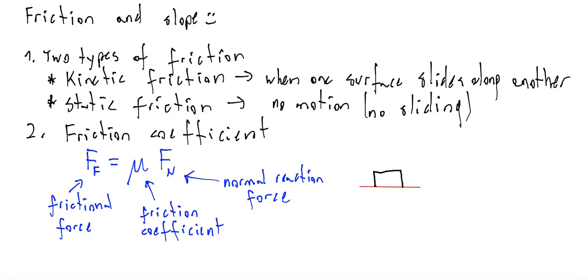In this case, the angle is 0, so cosine of 0 is 1, so the normal reaction force must be equal to the gravitational force. So if Fg acts down, then the normal reaction force acts up, and there is the same value. So for a horizontal surface, remember that Fn is equal to Fg, but only for a horizontal surface.